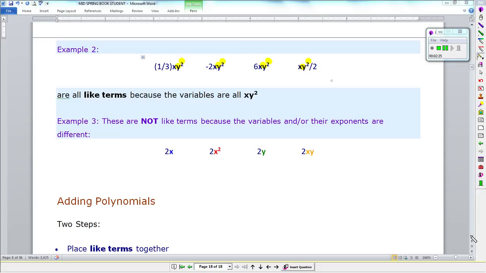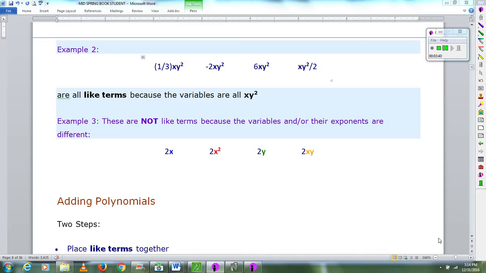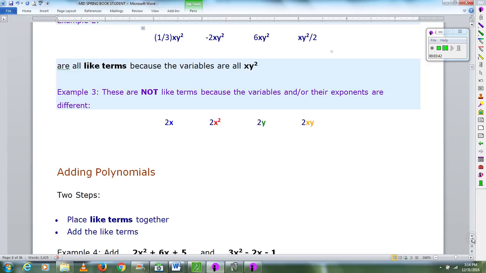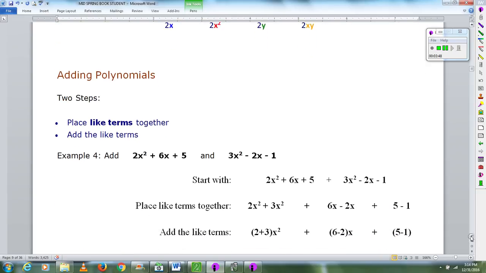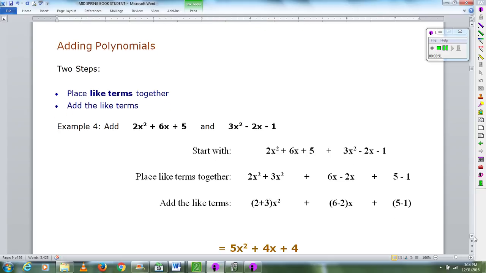Now let's go ahead and add polynomials. There are two steps that we apply to add 2 polynomials, or to add many polynomials. The first step, we place all the like terms together, and the next step, we add all the like terms.